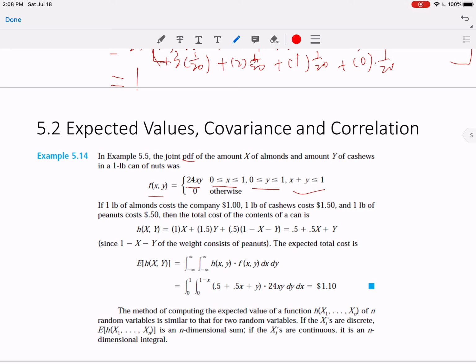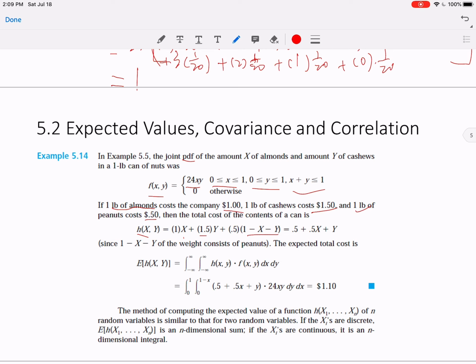And the problem says here, if 1 pound of almonds costs the company $1 and 1 pound of cashews costs $1.5, and 1 pound of peanuts costs $0.5, then the total cost of contents of a can is this. h of x y is equal to the amount of almonds times the unit price, 1 times x, plus the amount of cashews times the unit price, which is 1.5, and then the amount of peanuts, which is 1 minus x minus y, because the sum of the amounts of almonds, cashews, and peanuts is supposed to be equal to 1.